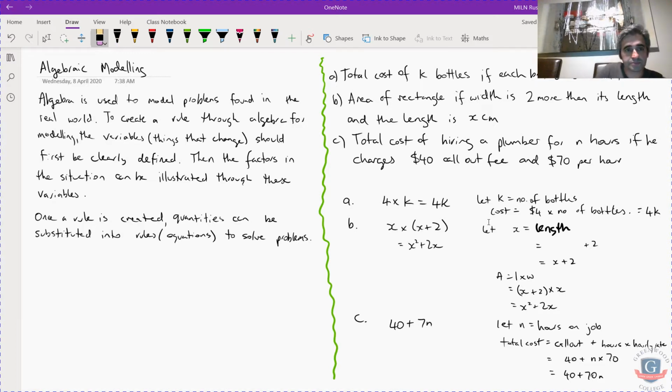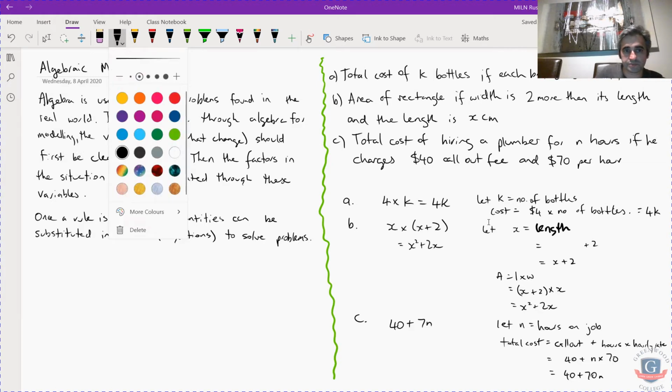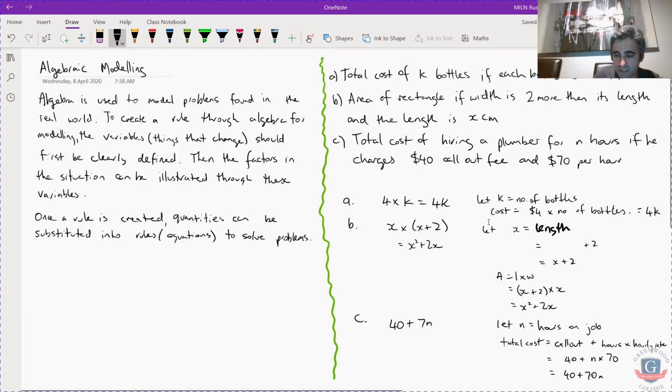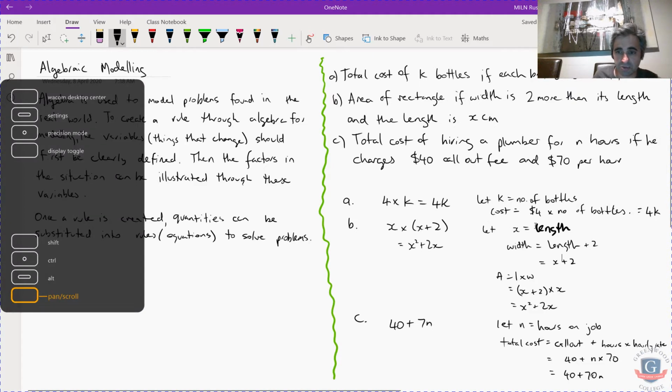So let x equal the length, because that's what it's told us up here. Now, wherever we've got length, we're going to put x. So the width is equal to x plus 2.